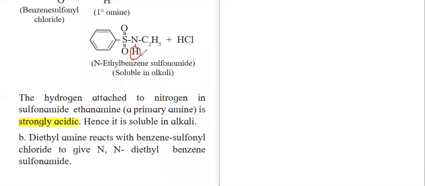Because of that it will easily leave, and if it easily leaves it produces H plus, or we call it a proton, meaning it is strongly acidic in nature. Because of that it is soluble in alkali. As it is acidic, it will be soluble in any base. This is the first reaction.